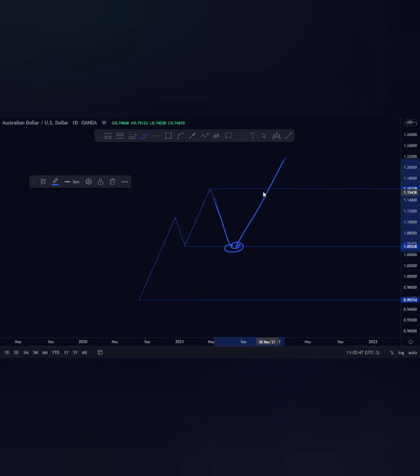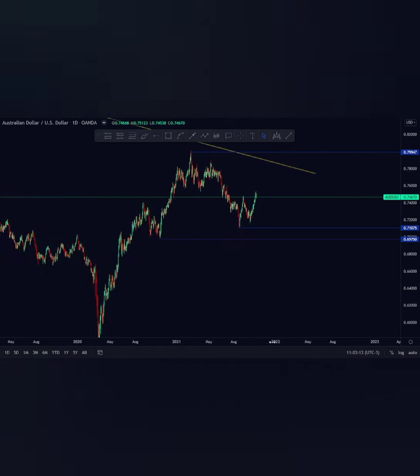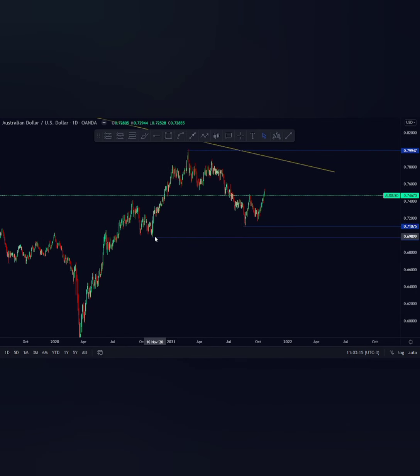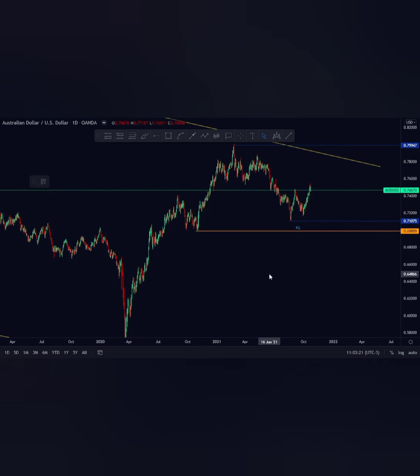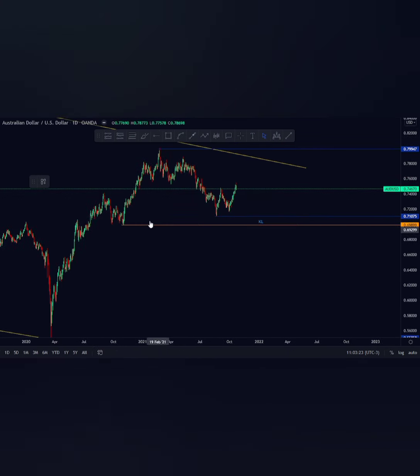So that is why I've marked this level here. Okay, let me change the color and write it key level. This level is a swing low before this one.